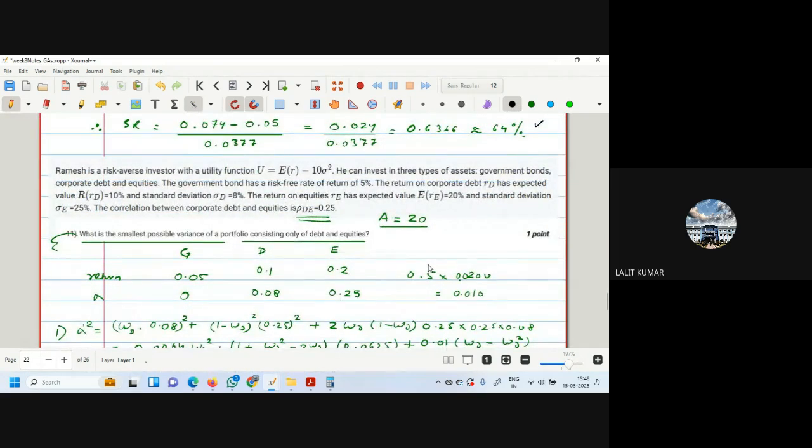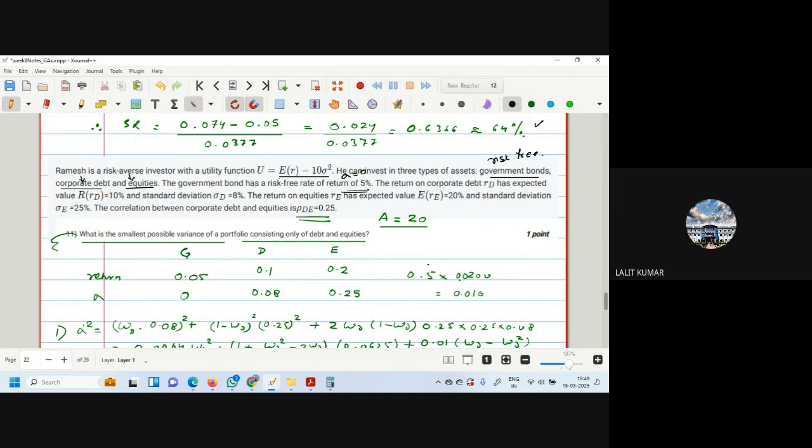Okay. Now is the next question. Ramesh is a risk-averse investor with a utility function they have given. He can invest in three types of assets: government bonds, which are risk-free assets, corporate debt, and equities. They both are risky. The government bond has a risk-free rate of 5% and sigma will be equal to 0.